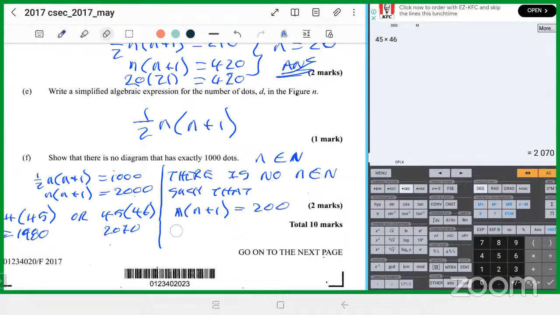That's why there is no n for the number of dots to be 1,000. Understand that way? Understand that proof? That's not the only way you could do it, but that one works as well.